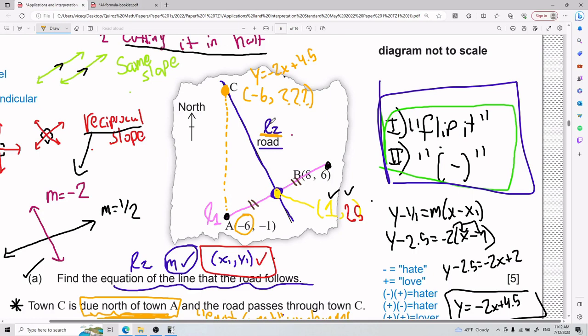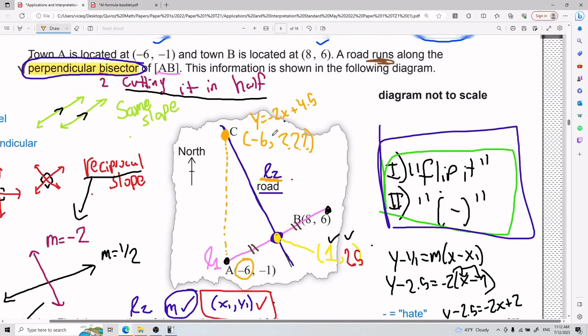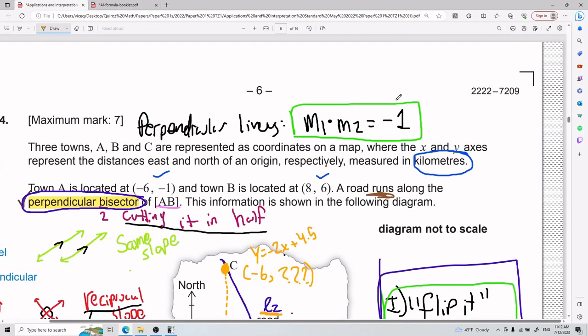All right, cool. So I'm gonna go ahead and plug in -6. I'm kind of running out of space, but I think I can do it up here. See? So I'm gonna plug in -6 into this equation. I end up with y equals -2 times -6 plus 4.5.